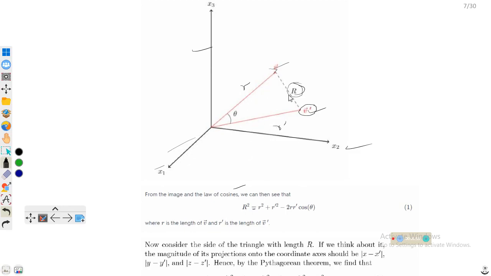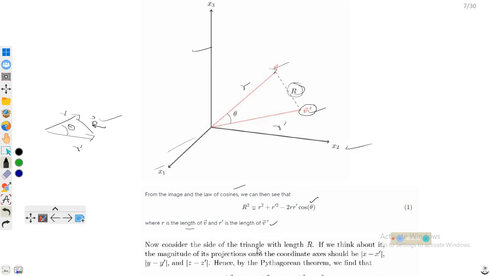R square will be equal to r square plus r prime square minus 2 r r prime cos of the angle between the vectors, where r is the length of V and r prime is the length of V prime. So if we are given two sides and the angle between them, we can find the third side from the law of cosines.